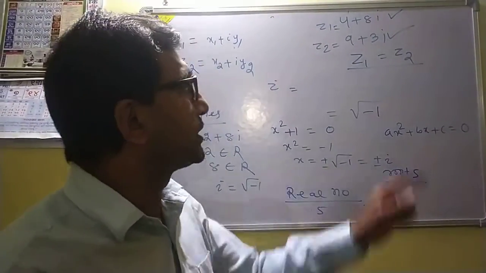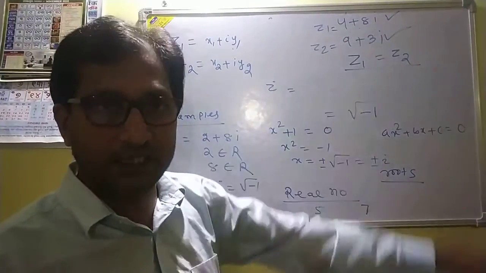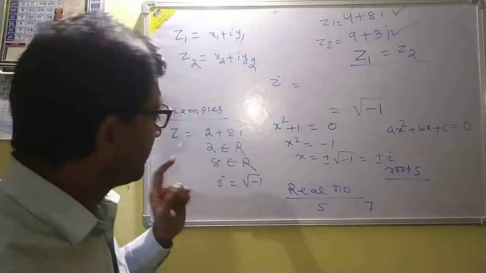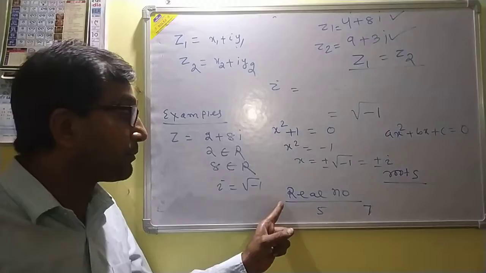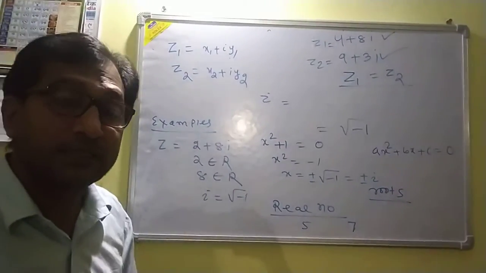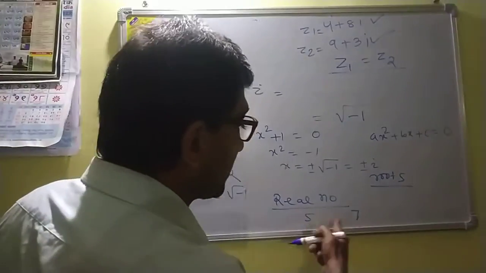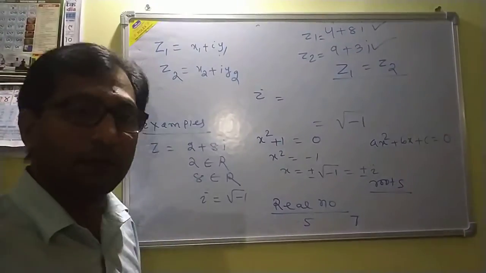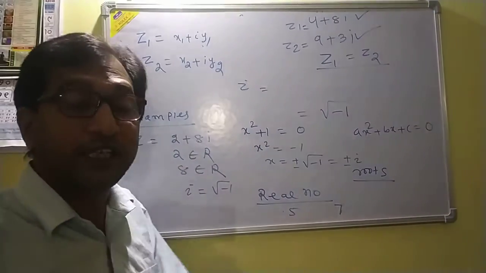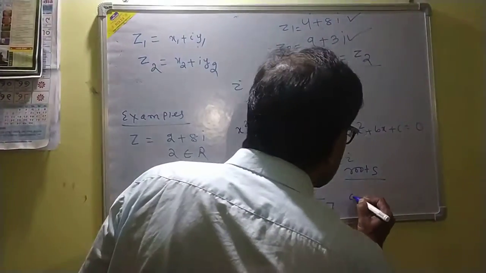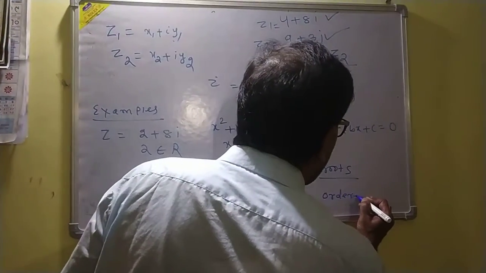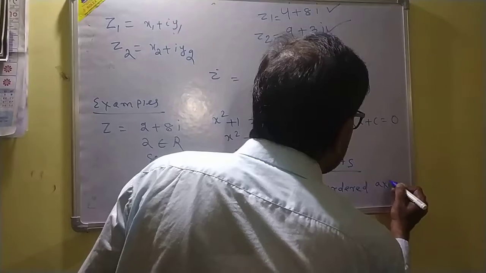That's why we cannot say which one is greater, which one is smaller. But in the real number system, the order axiom property is satisfied. That's why we can say which one is greater, which one is smaller in real number. But in complex number, we cannot say. So that property is called order axiom property.